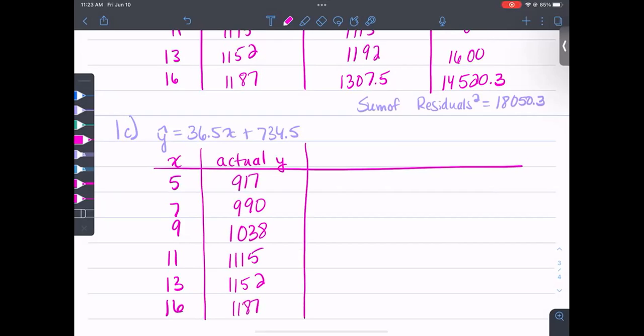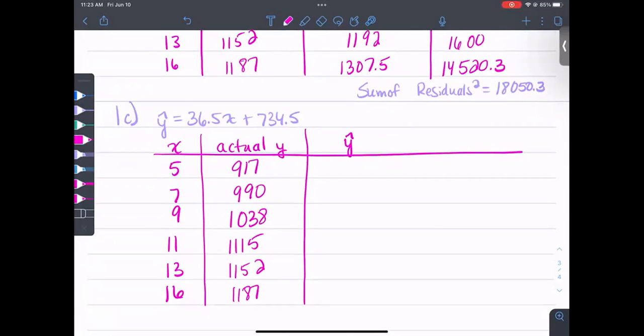Okay, then we come up with our y hat. So put this into your calculator, push second graph to bring up the table, find the correct x values, and write down the y values.